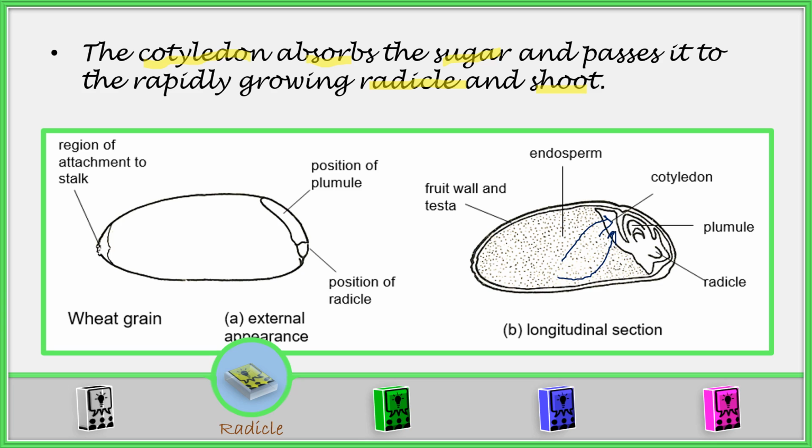And when it enters into the cotyledon, it will be passed over to the growing radicle and also to the growing plumule. So digestion of starch takes place in the endosperm. Then the digested sugars will be absorbed by the cotyledon. Then this single cotyledon will pass over the sugars to the growing radicle and to the growing plumule.